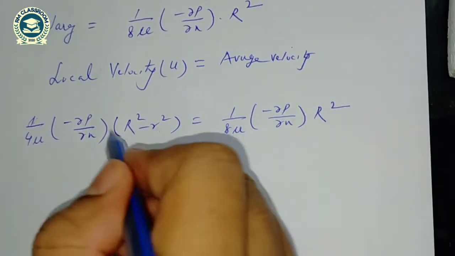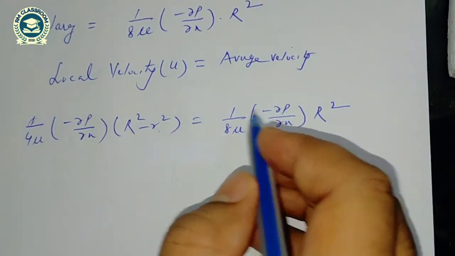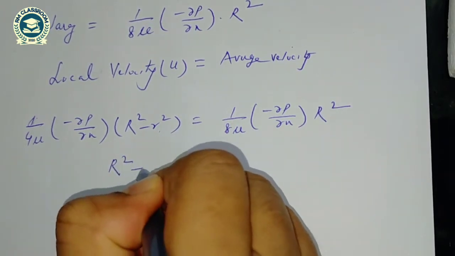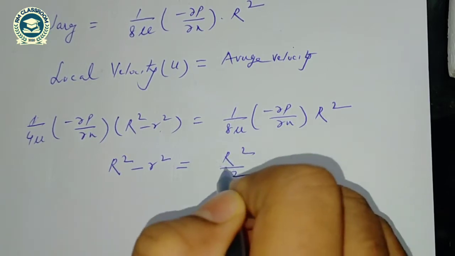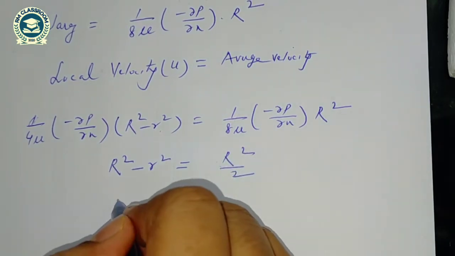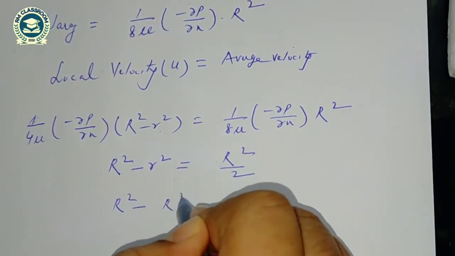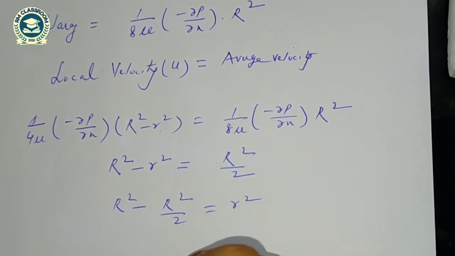So del p by del x is cancelled. So R square minus small r square is equal to R square by 2. So R square minus R square by 2 is equal to small r square. So small r square is equal to R square by 2. So r is equal to R by root 2.